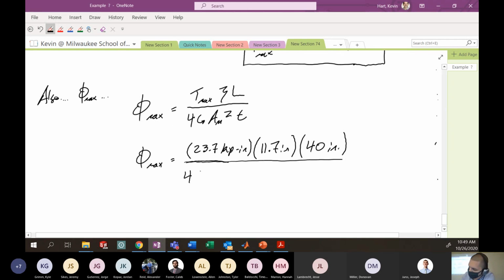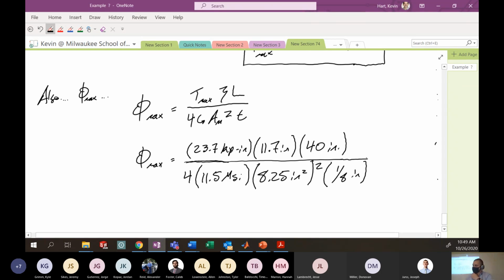Over my denominator, 4 times the shear modulus, 11.5 msi, times my median area squared, 8.25 inches squared, multiplied by the wall thickness of 1/8 inch.